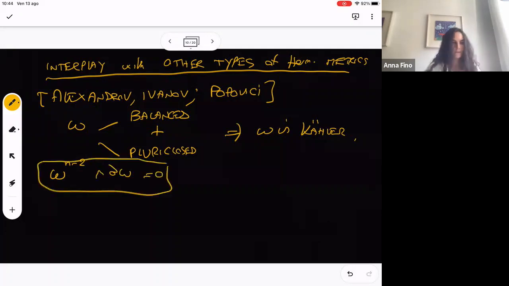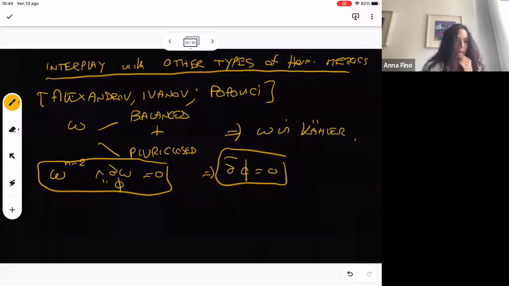That's essentially what we use. And then if we call this phi, we use that d-bar phi is 0. That's the key of the thing. Of course, this makes sense for n bigger than or equal to 3, right? Because for n equal to 2, the balanced condition is already the Kähler condition.